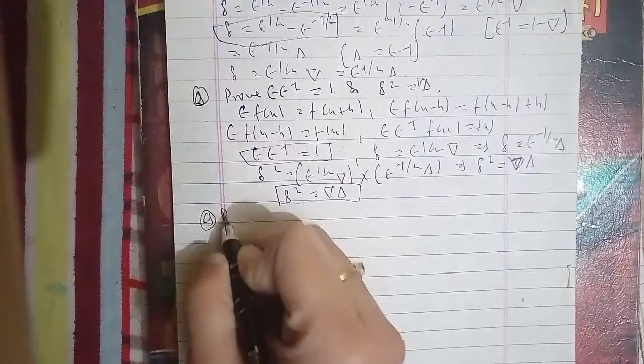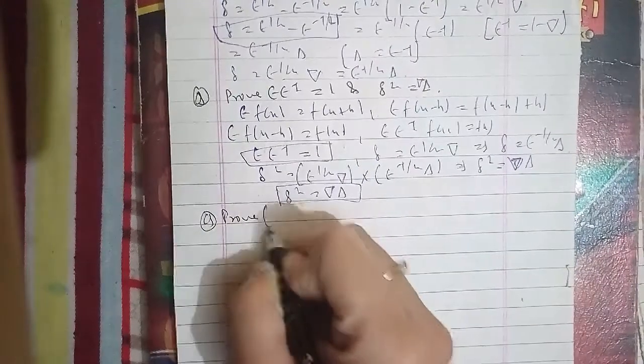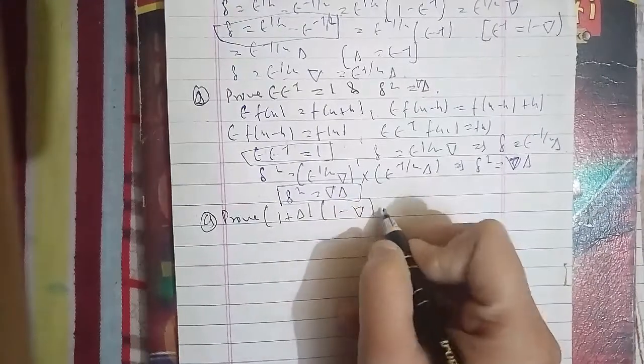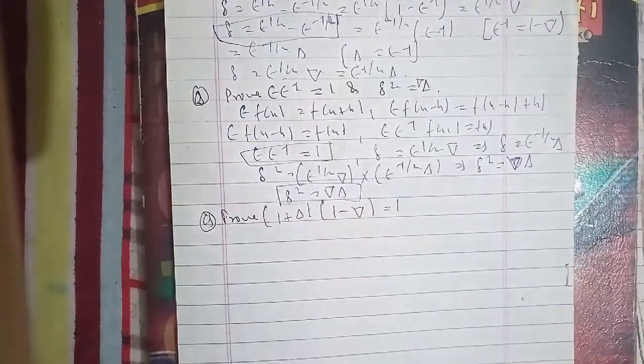Another question: prove (1 + Δ)(1 − ∇) = 1.